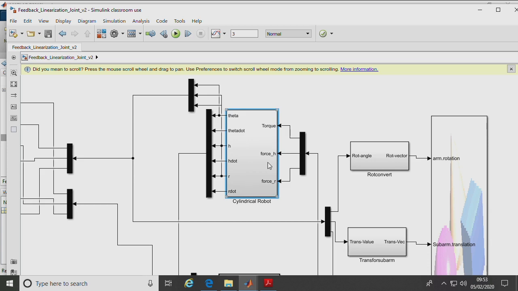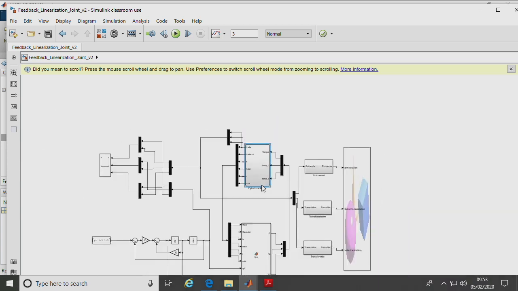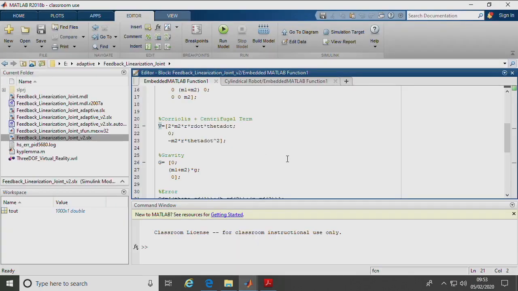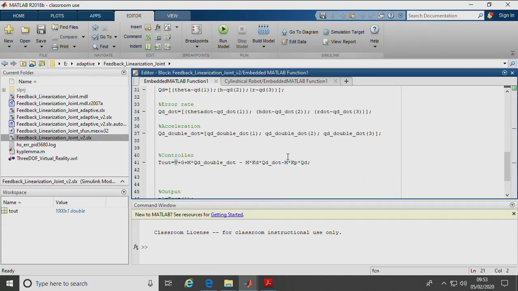Yeah? So at the same time, we have here the controller, which is meant to implement the kind of cancellation.